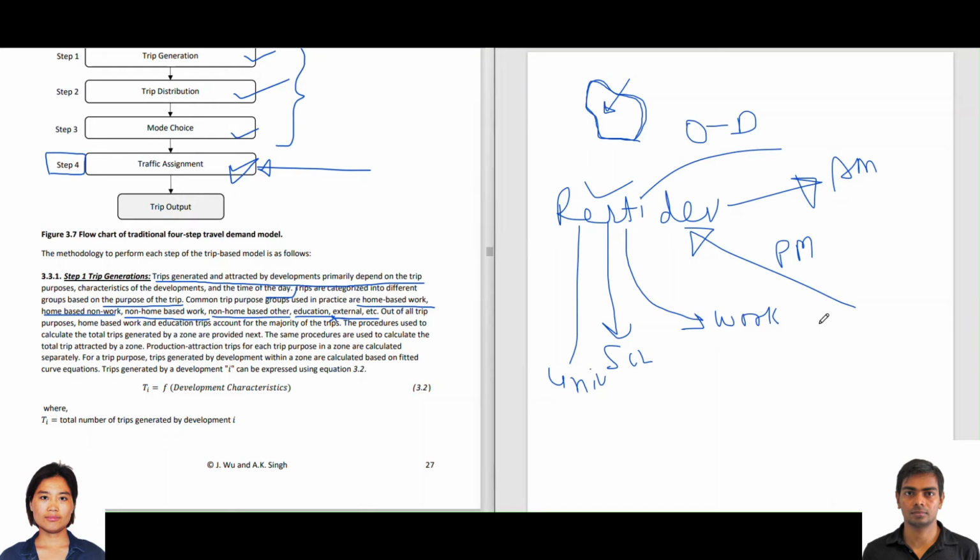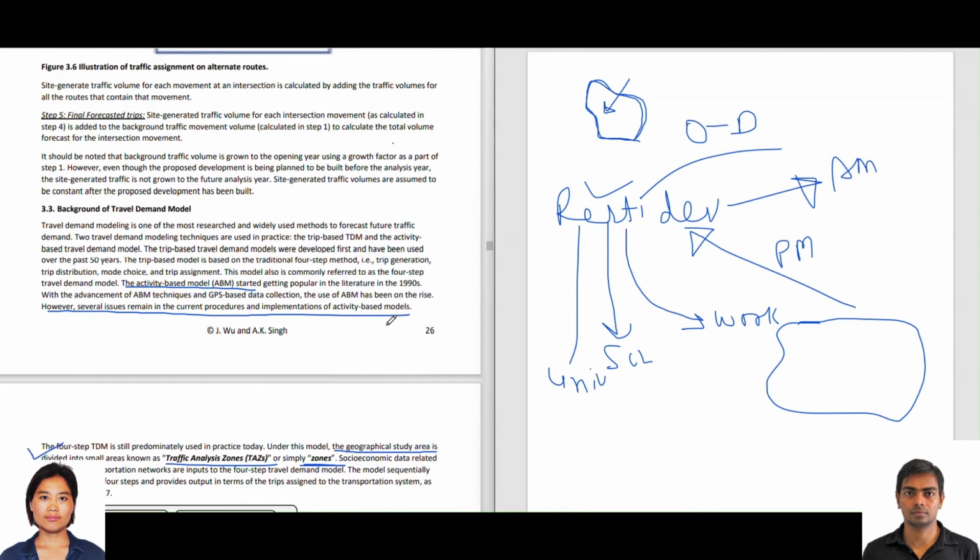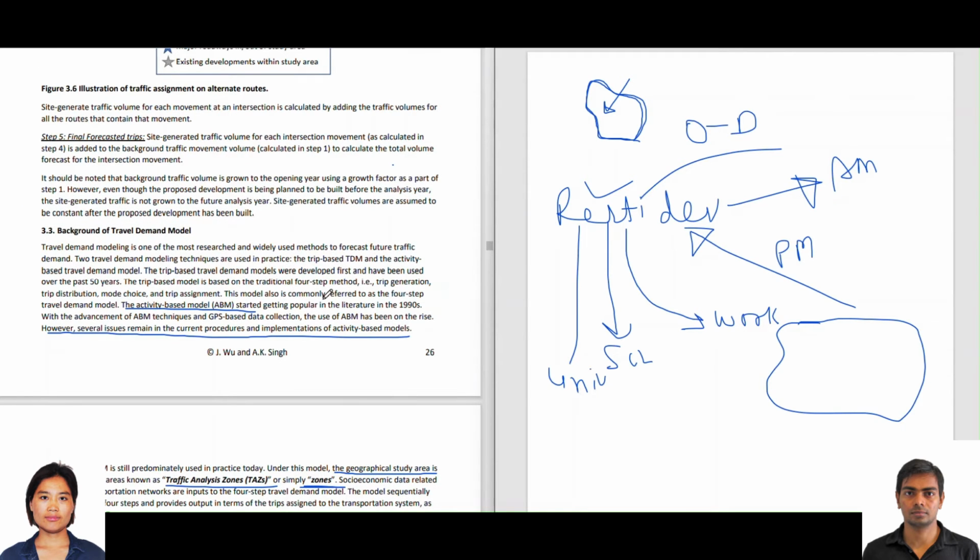Sometimes within our study area, let's say this is my study area for an entire city or metropolitan area. The one thing I should have probably mentioned is that travel demand models are built for every metropolitan area. A metropolitan area is defined as a region with a population of 50,000 or greater, and most metropolitan areas have their own travel demand models.